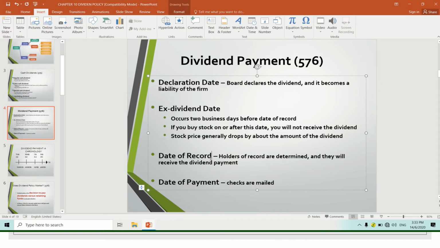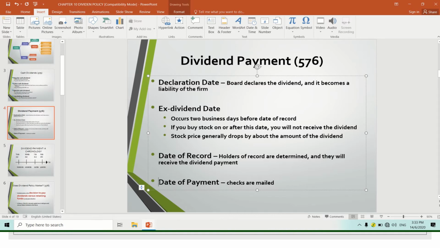That is why if we look in the stock newspaper, sometimes there is a dash there. It means the stock is not traded on that date. So why is the stock not trading on that day? One of the reasons is the date of record.